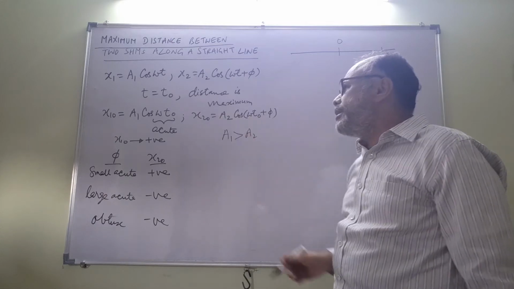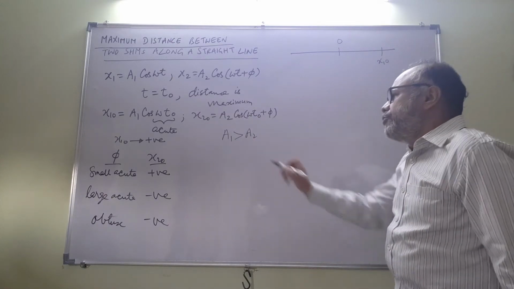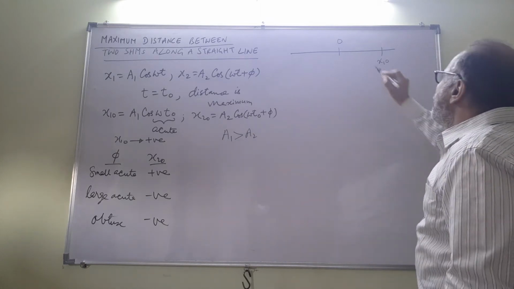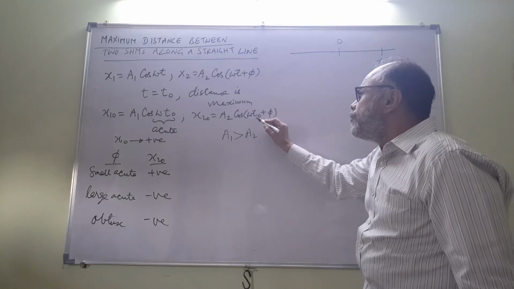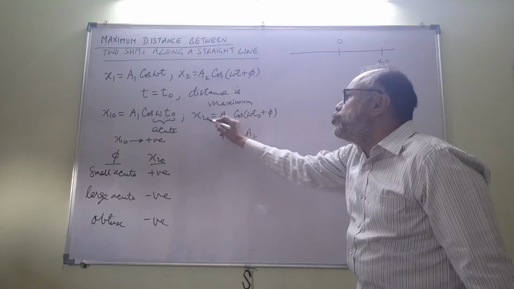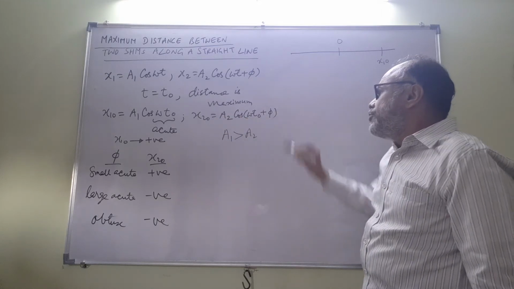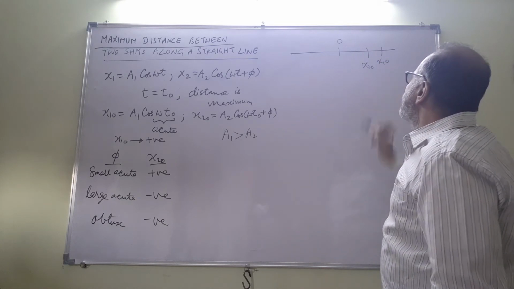A2 can also be greater than A1, but any one assumption will be valid. So if A1 is greater than A2, you will find that x2 naught, which is A2 into cos omega t naught plus phi, will be less than x1 naught.